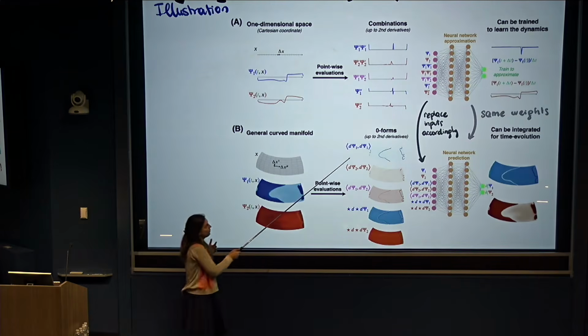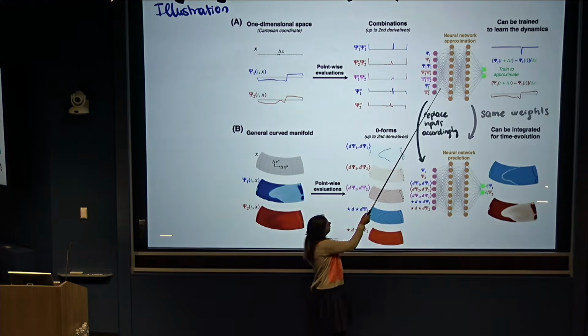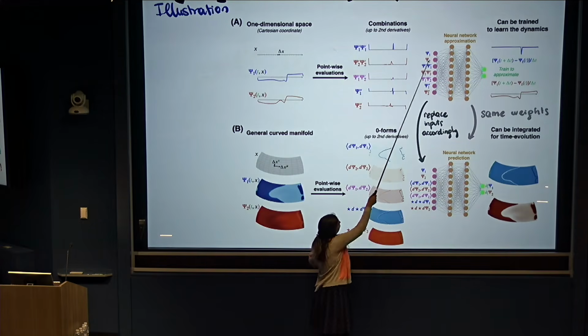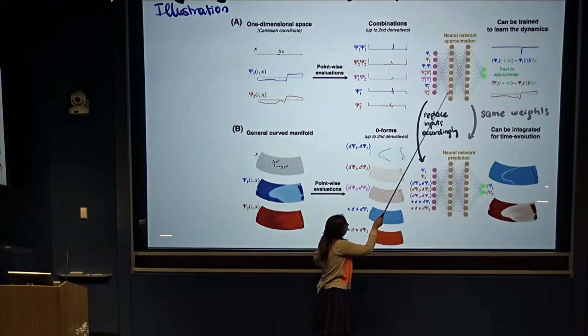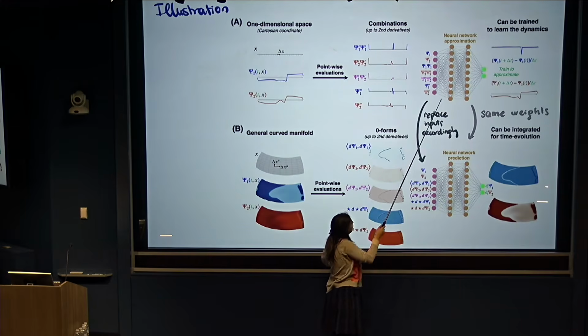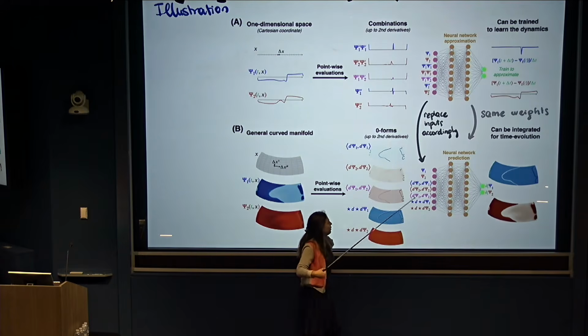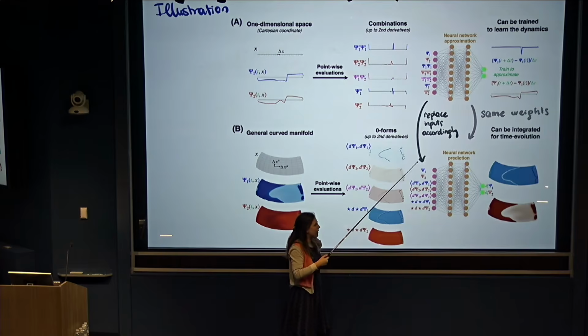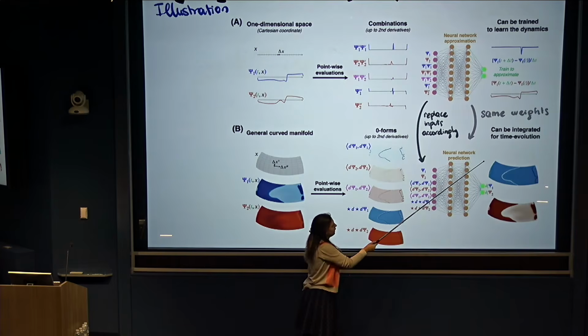The function that you learn is how you transform your basis elements into a PDE, and then you can use the same function, the same neural network weights, evaluate on the corresponding basis of the other manifold, and that will give you the corresponding PDE in a different domain.